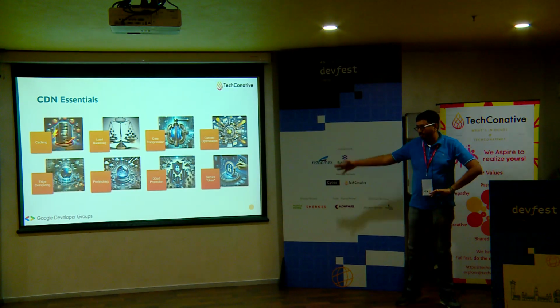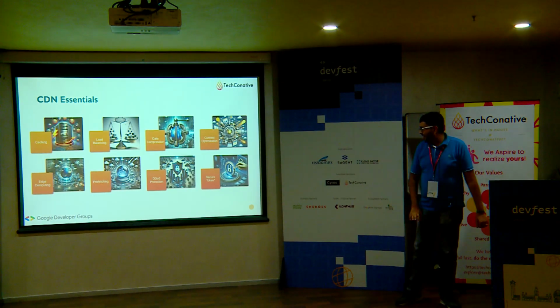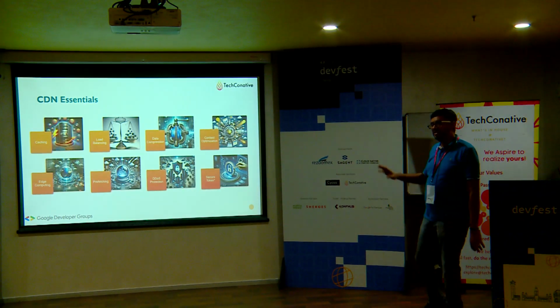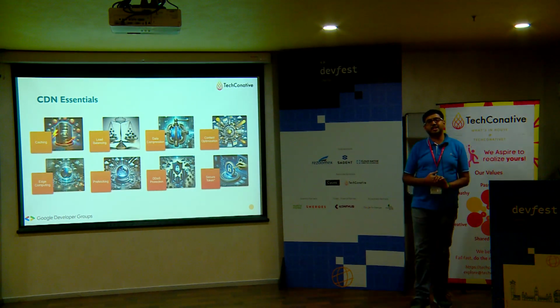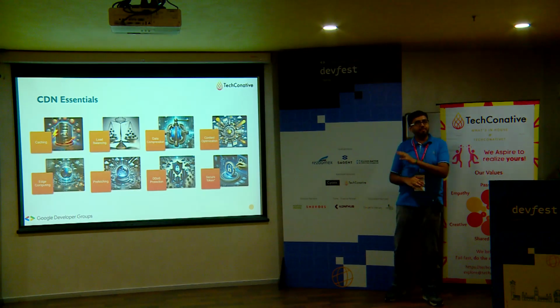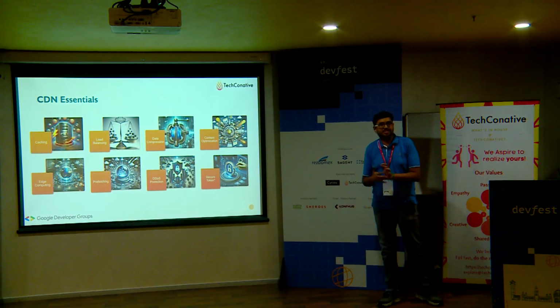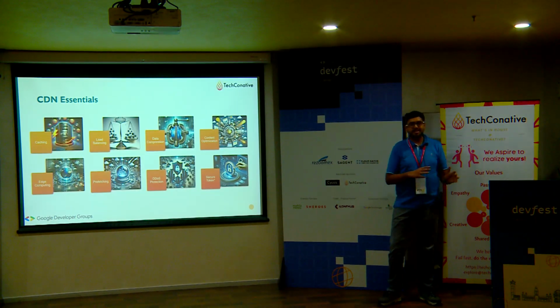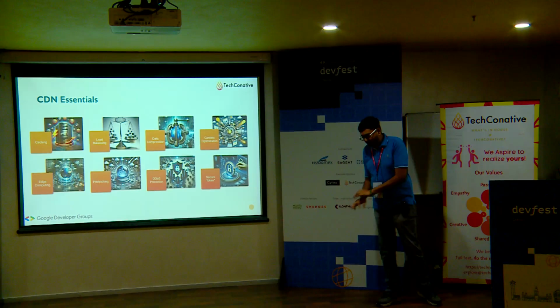So there could be some prefetch options also, and there should be, of course, DDoS protections, and also you should have some security mechanisms built in within your CDN services. So these are all certain essentials that a CDN should possess.